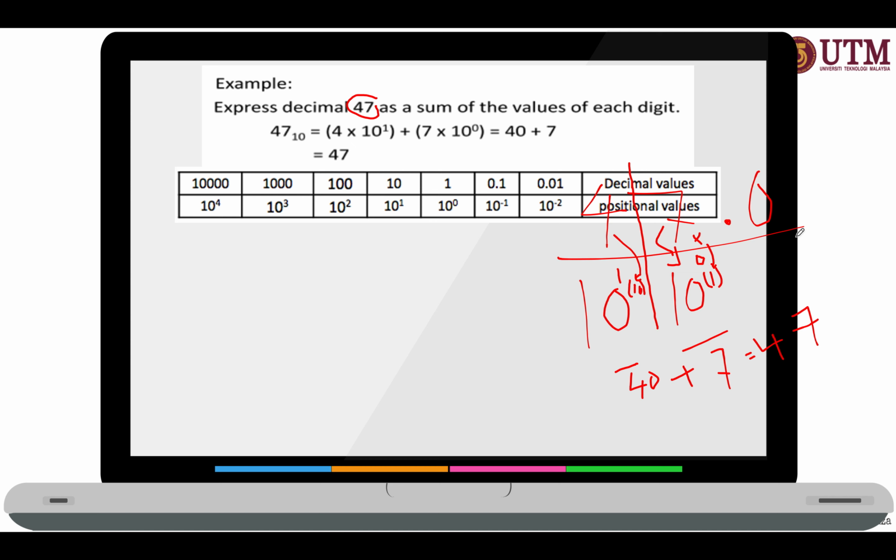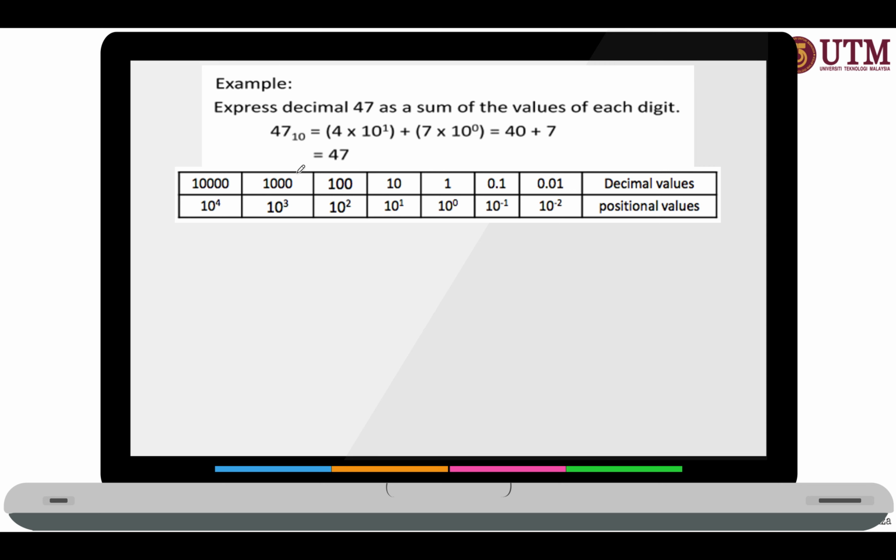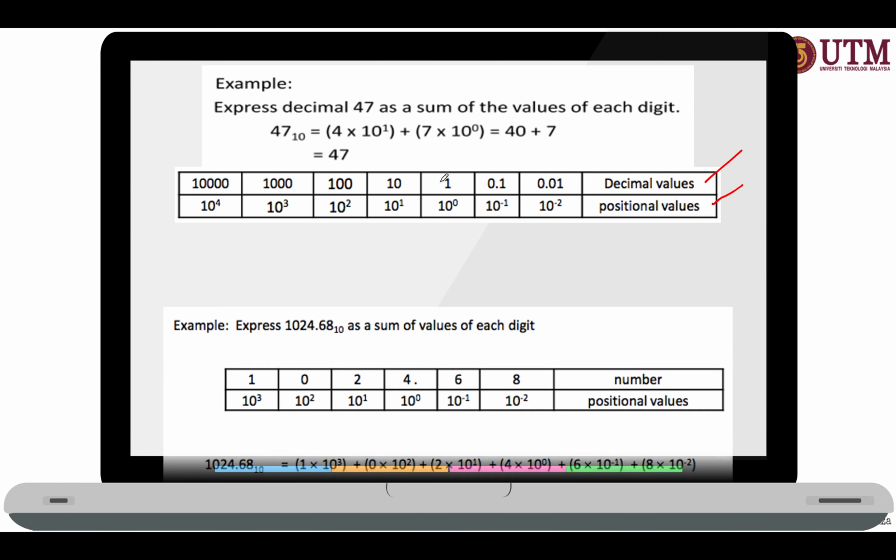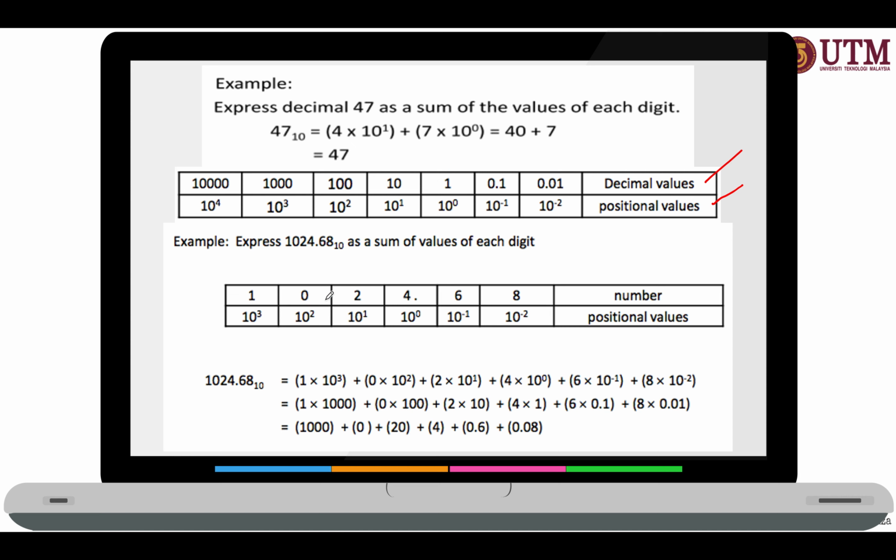So this is the table. Let me erase first. Over here you have the decimal value and also the positioning. Now we see the calculation part. The example, let's say we have 1024.68 base 10. So how we're going to measure is over here.